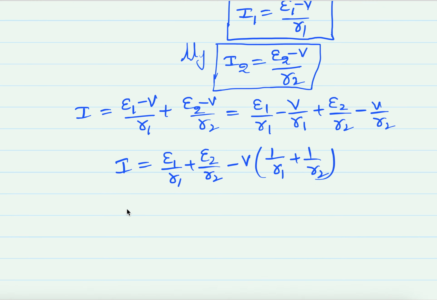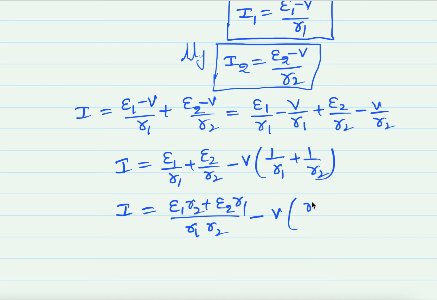Now you take the LCM here. I is equal to (E1 R2 plus E2 R1) by R1 into R2 minus V into (R1 plus R2) by R1 into R2. Now actually I want the potential here.